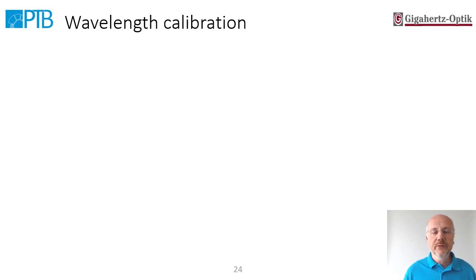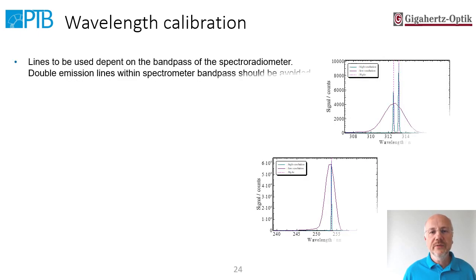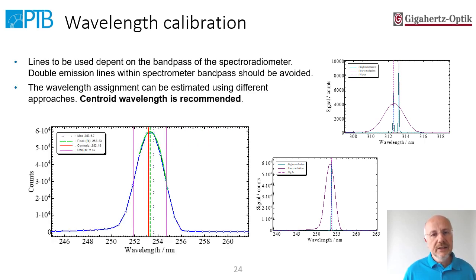After you have performed such measurements, you have to find the right lines to assign a wavelength calibration, and this depends on the bandwidth of your instruments. You should avoid double emission lines within the bandpass of your instrument. You have to find the right wavelength assignment, and we always recommend, as I already said, to use the centroid wavelengths, the so-called center of gravity.